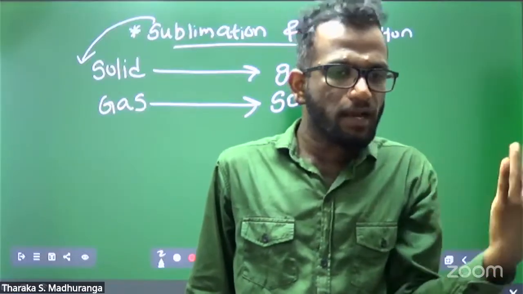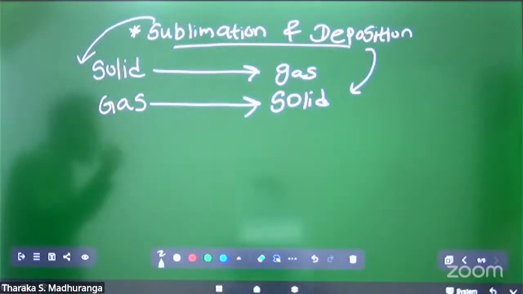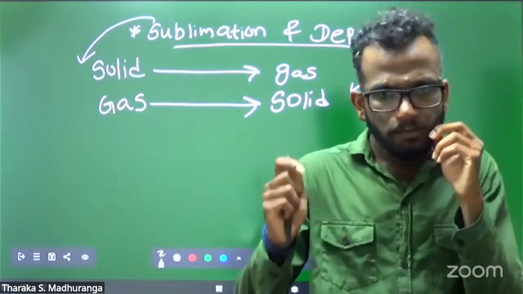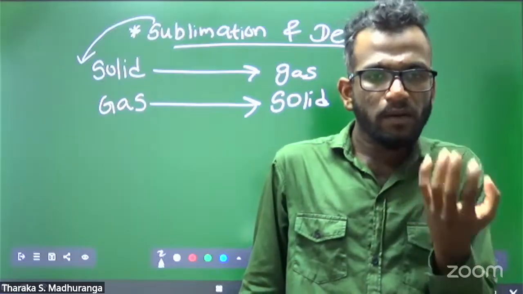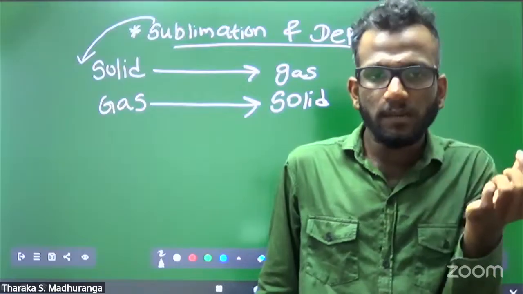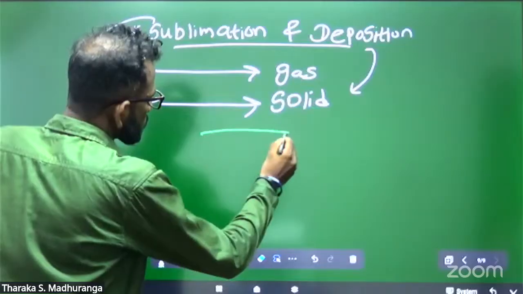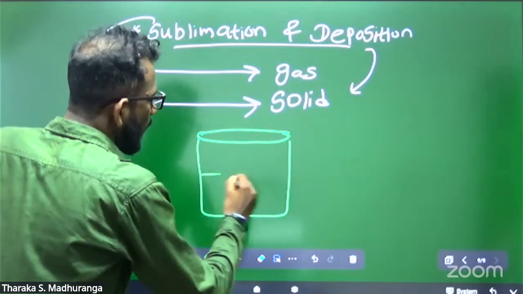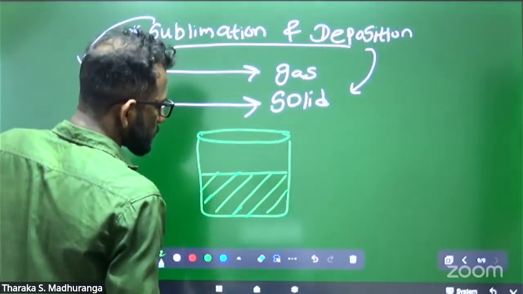Like iodine, special compounds only undergo sublimation and deposition. Similarly, in secondary metabolites, only special compounds have this characteristic.